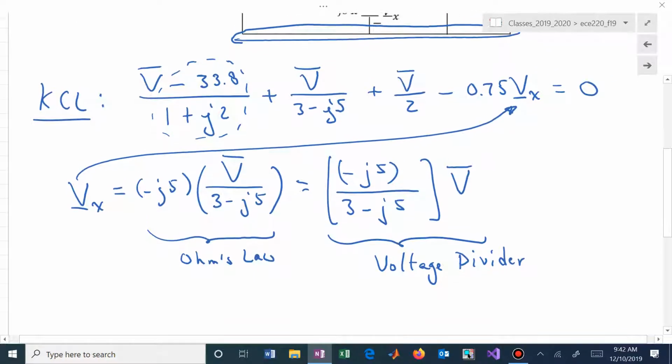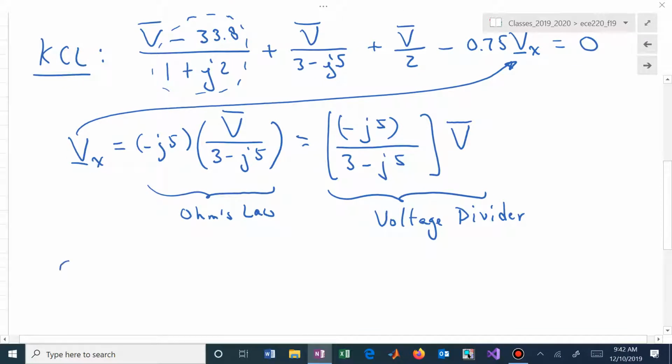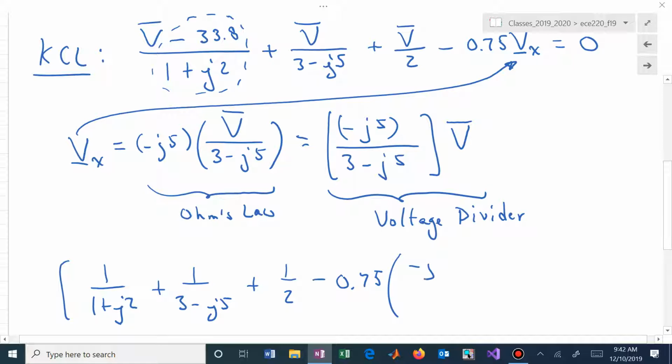If I carry it through just a little bit further, I will now have 1 over 1 plus J2 plus 1 over 3 minus J5 plus 1 over 2 minus 0.75 times minus J5 over 3 minus J5.